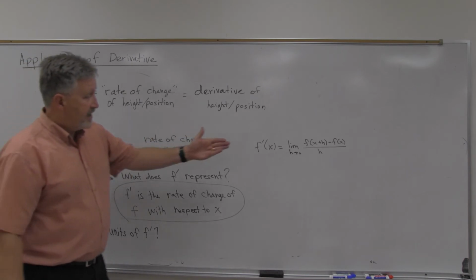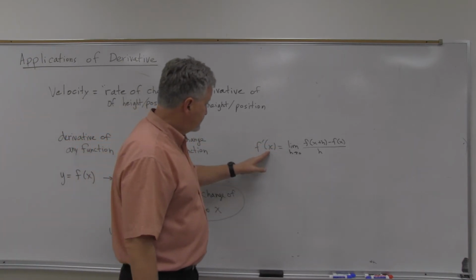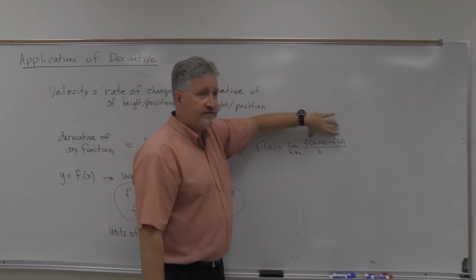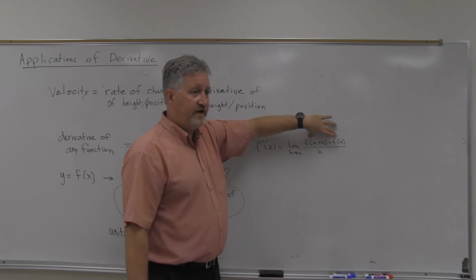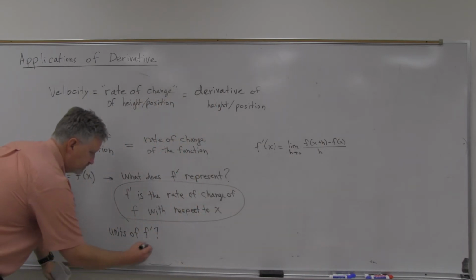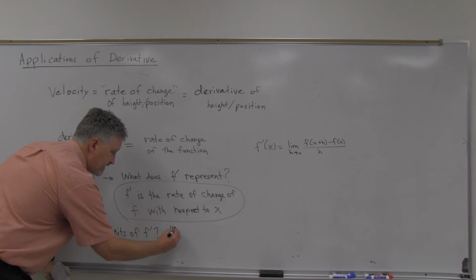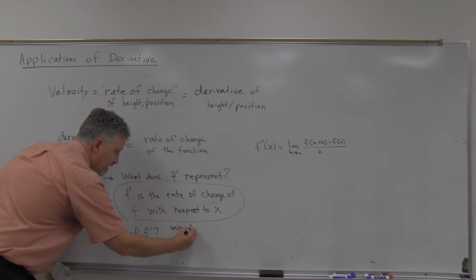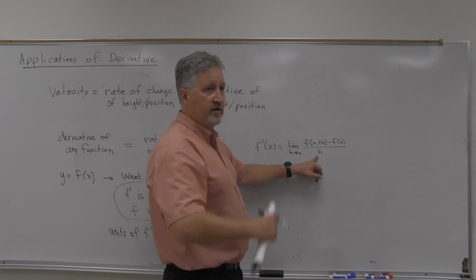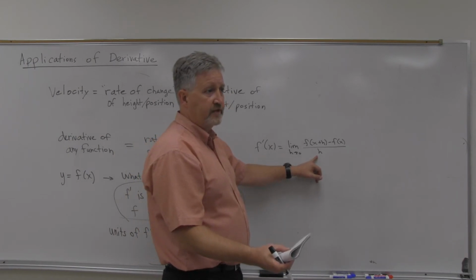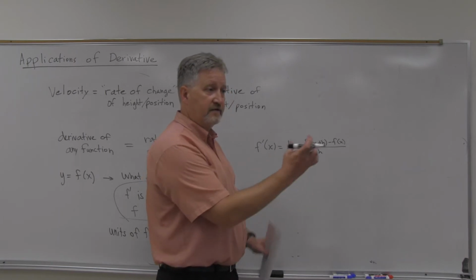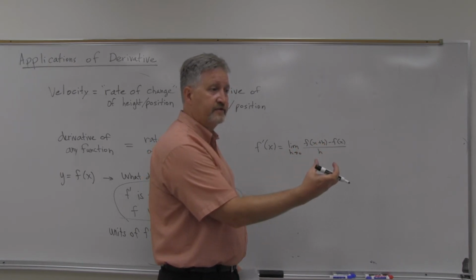So the units of f prime would be the same units as I have here. The top units are the units of f. And then on the bottom we've got h, but remember what h is dealing with? h is that change in the x.